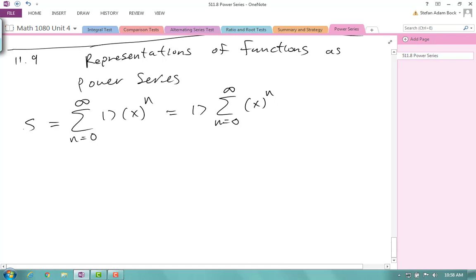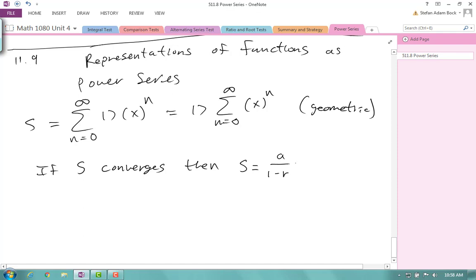So I'll call this one S. And I know that if S converges, then S will be a geometric series. And when a geometric series converges, it's always equal to a particular formula. We'll have S is equal to basically a over 1 minus r, but in this case, a is the first term, which is 17, divided by 1 minus x.